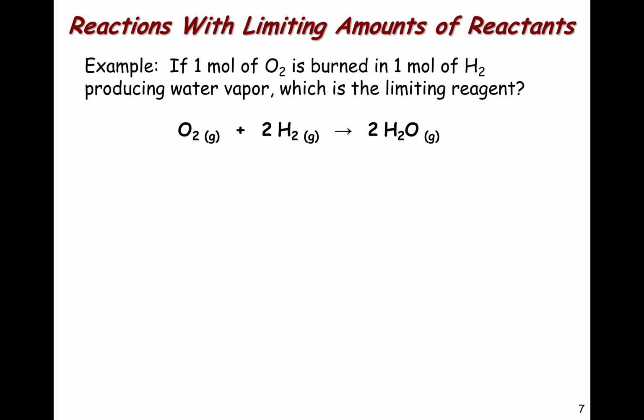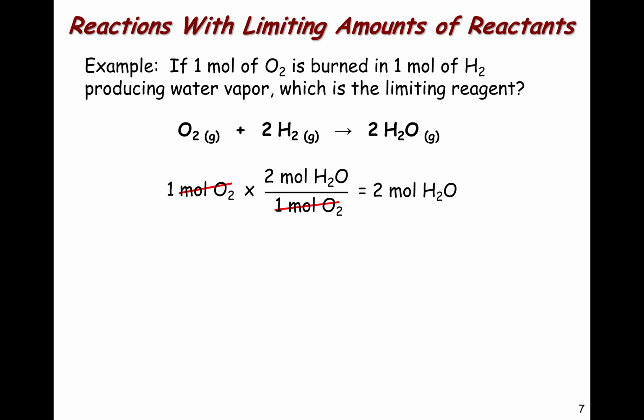moles of water. If we then start with the given in the question in terms of O2, 1 mole of elemental oxygen, the stoichiometric ratio from the balanced reaction between the O2 and the water is 1 to 2. This then gives us canceling of the moles of O2, and this should produce 2 moles of water.